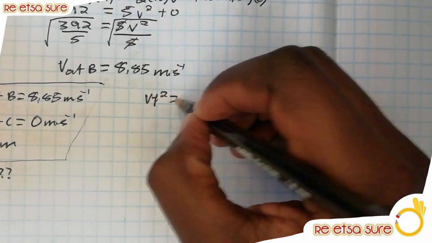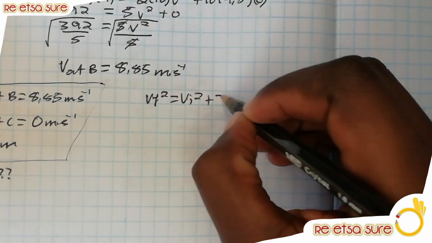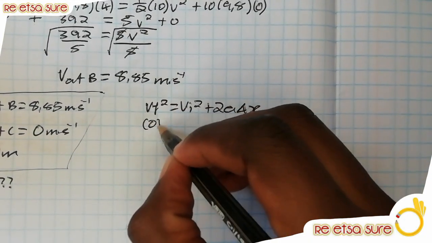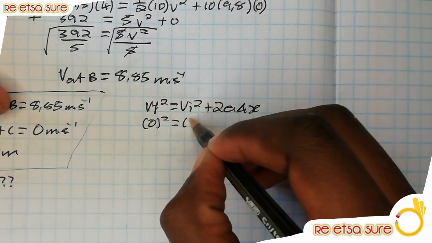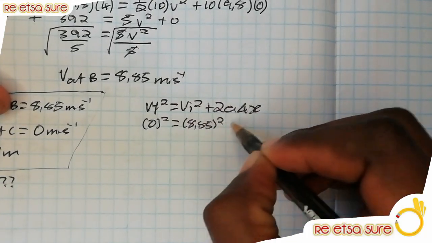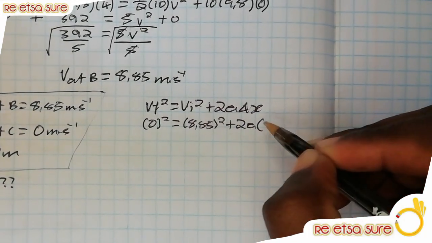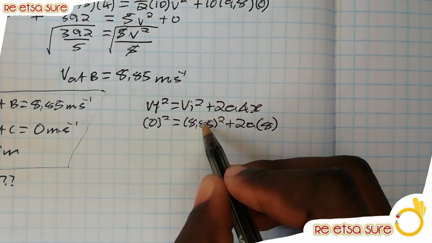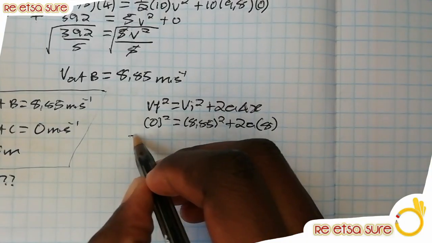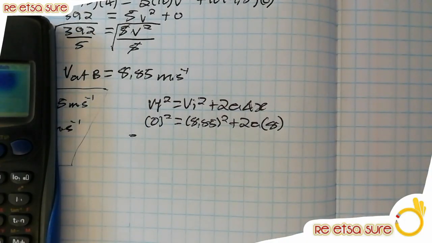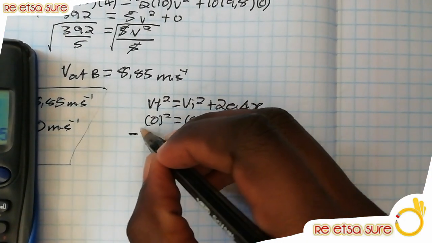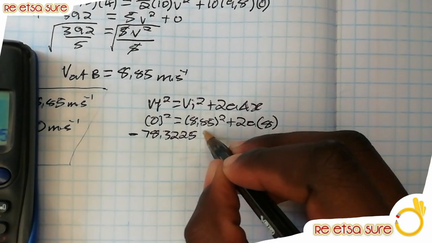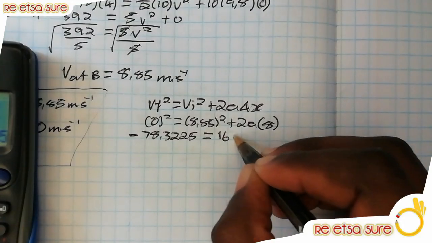The equation we're going to use is V final squared equals V initial squared plus 2a delta x. So 0 squared is equal to 8.85 squared plus 2a into 8. Now this squared gives us a number, and we move it to this side, so it's negative 78.3225, equal to 8 times 2, which is 16a.